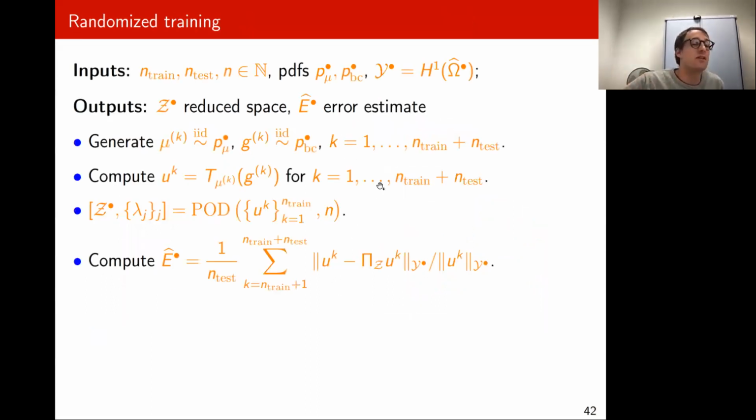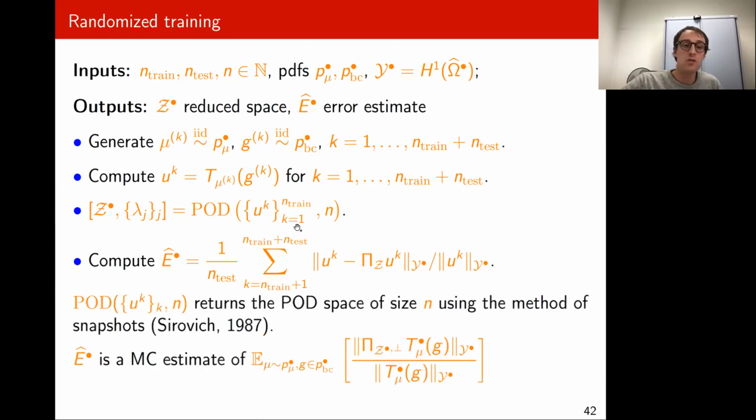In terms of actual programming, we perform randomized training. So basically, we prescribe the number of training points, if you want, also the number of test points, and the number n that tells the size of the reduced basis that we seek. We draw random parameters, mu and g, mu, this local parameter, and g is the boundary condition. We solve the transfer operator problem, and then we perform a POD.